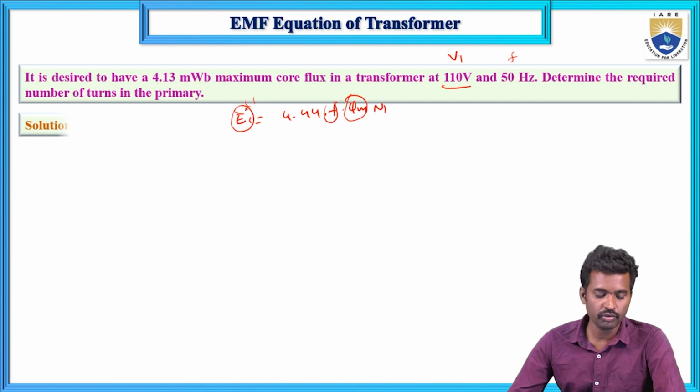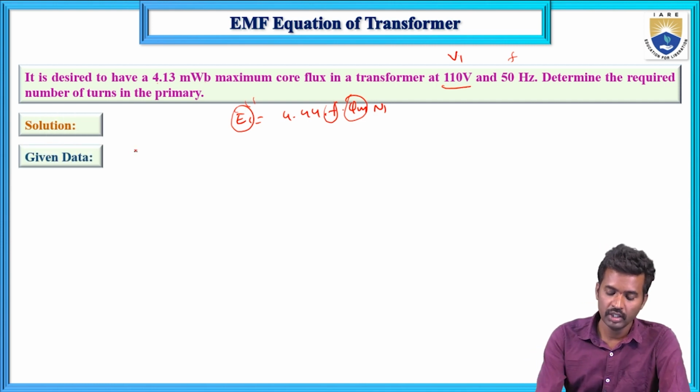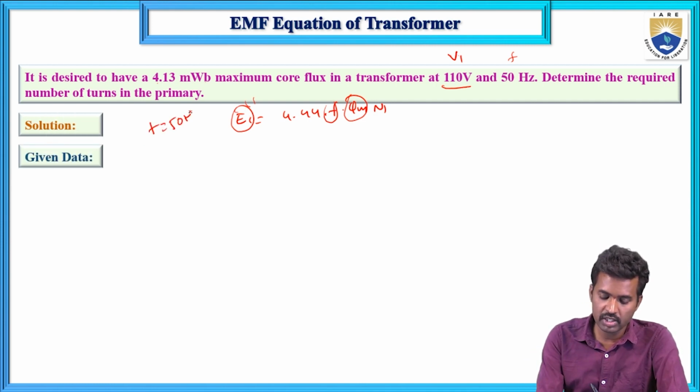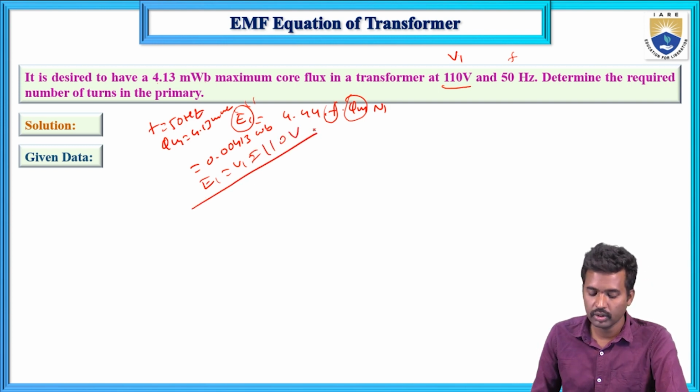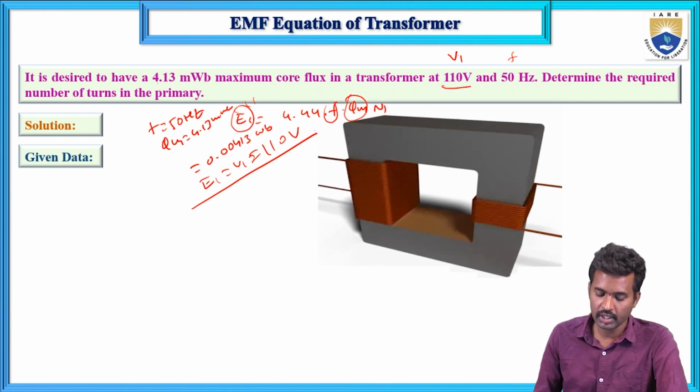Now the solution for this, and the given data. Here F equals 50 Hz and phi m equals 4.13 milliwebers, that equals 0.00413 webers. And next, E1 equals V1 equals 110 volts. Now here this is the transformer, same thing.